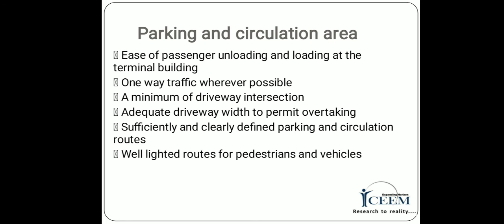Third is a minimum of driveway interaction. Fourth is adequate driveway width to permit overtaking. Sufficiently and clearly defined parking and circulation routes. And last is well lighted routes for pedestrians and vehicles.